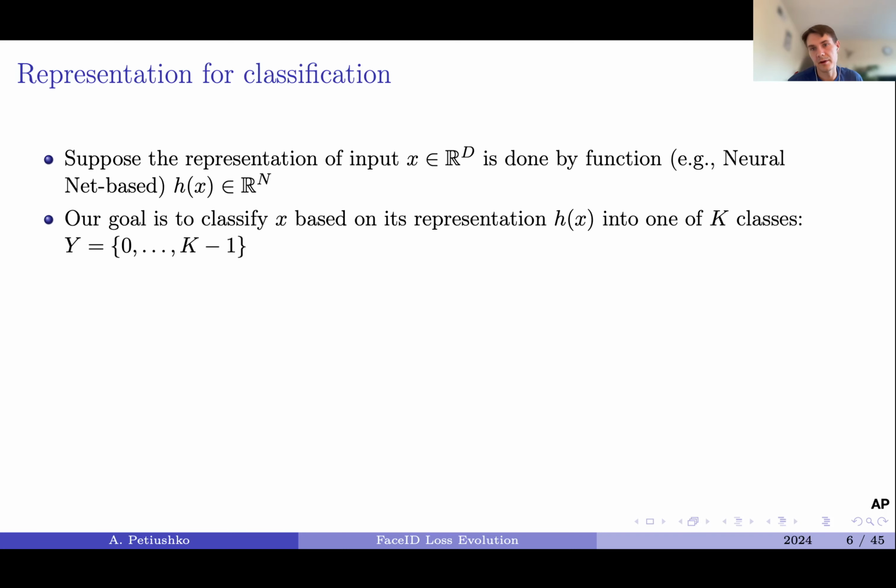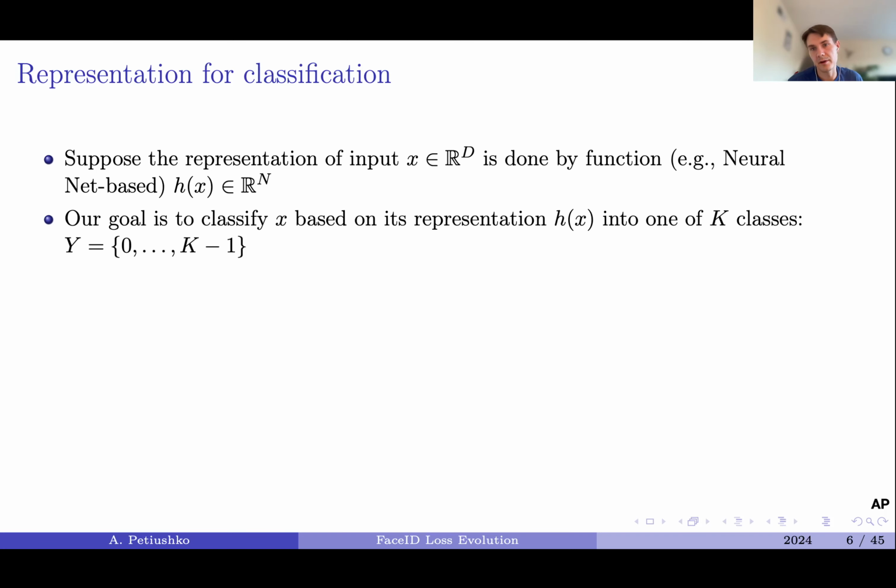In this case, we need to project the learned representations into K logits. So later we can use these logits as the input to softmax. Remember, softmax is some mapping that maps any vector into a probability vector. And we use the corresponding softmax loss to produce probabilities.